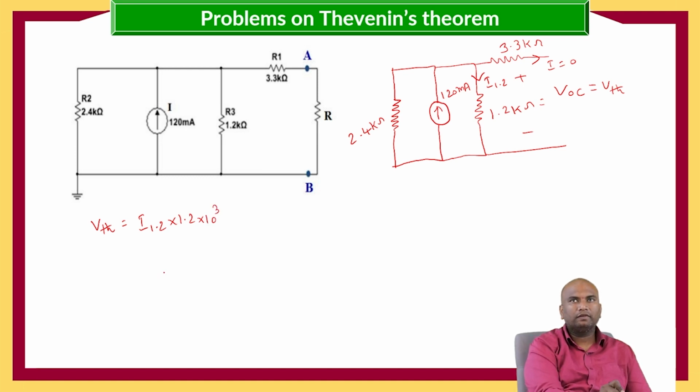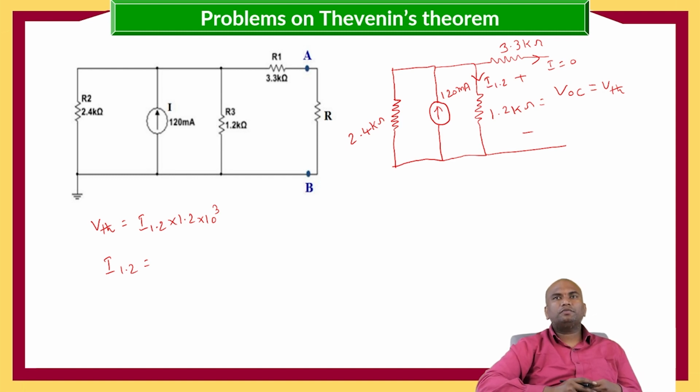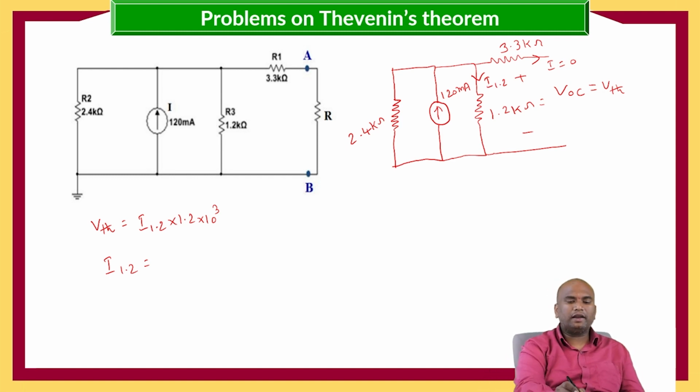For calculating I 1.2, 1.2 kilo ohms and 2.4 kilo ohms are connected in parallel. When these two are connected in parallel, current division takes place.